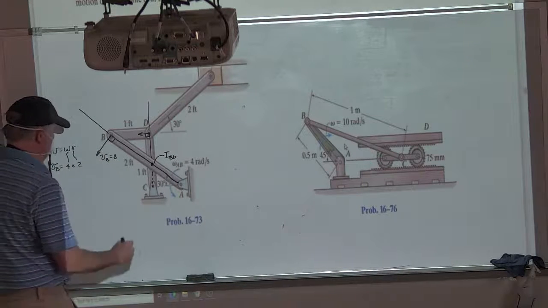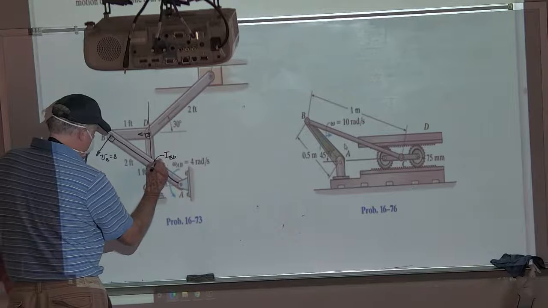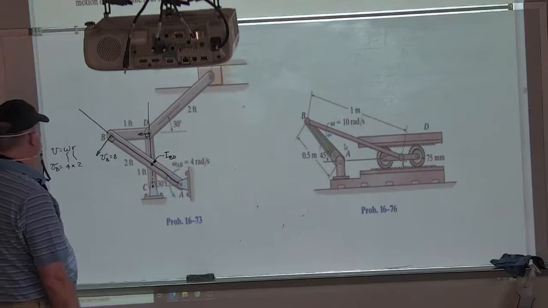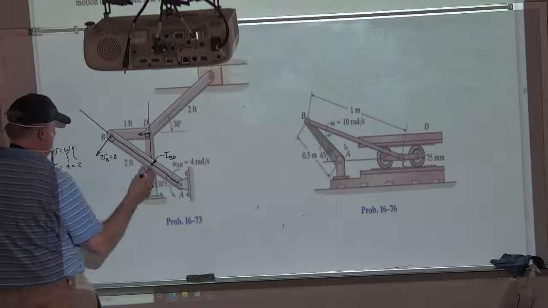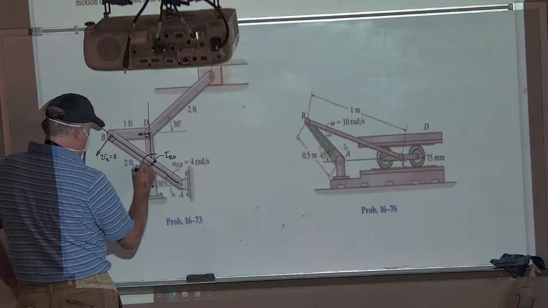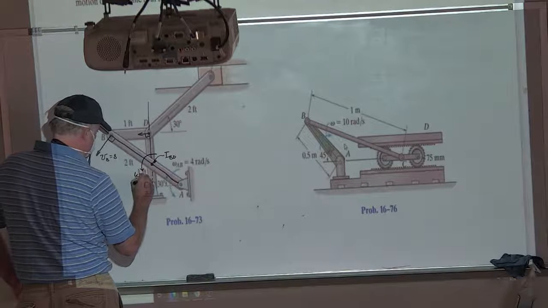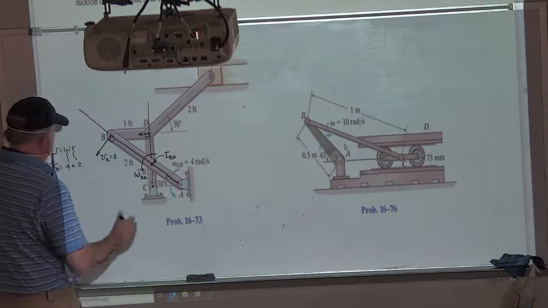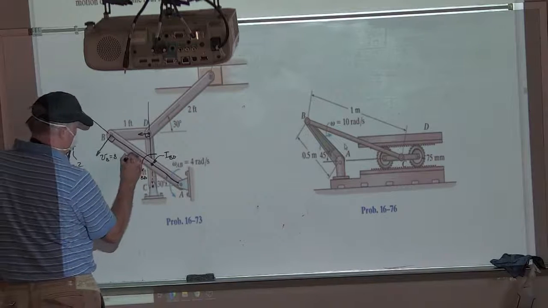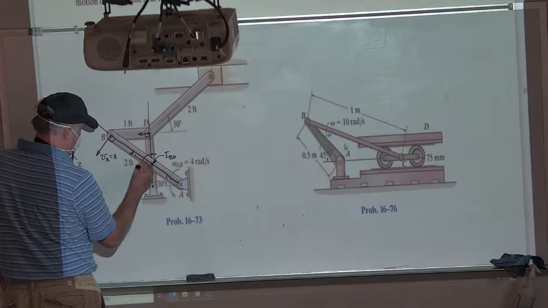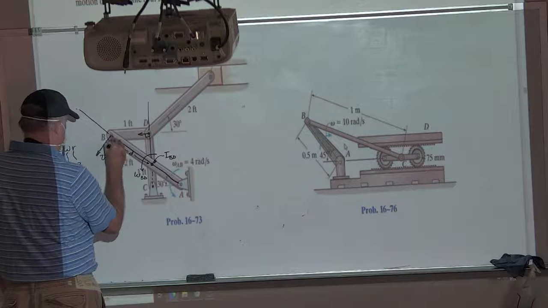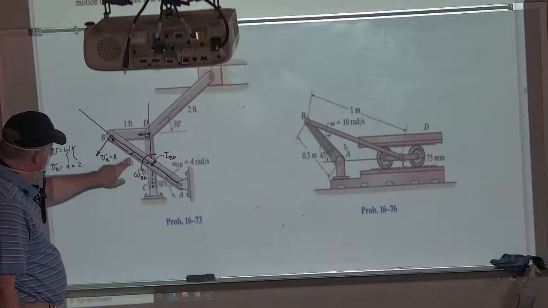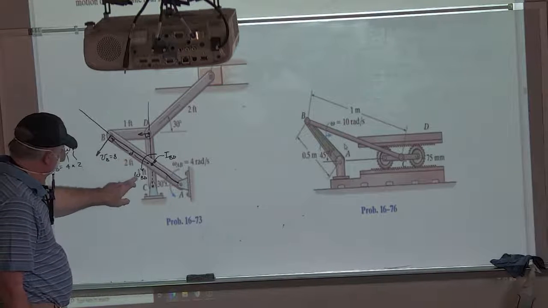Now that I have the instant center of BD, what is the omega BD? And the reason I need to know this is, and how I will get this, is I will determine the distance from here to here, and I will use the velocity of 8 and that distance together to find this.